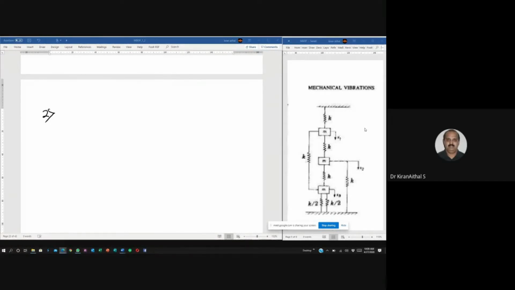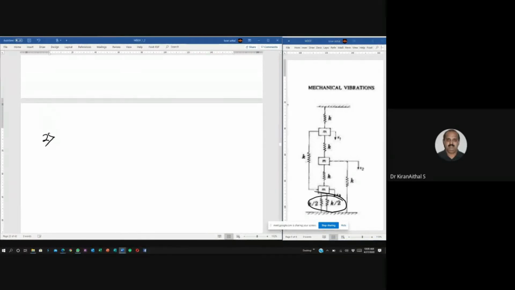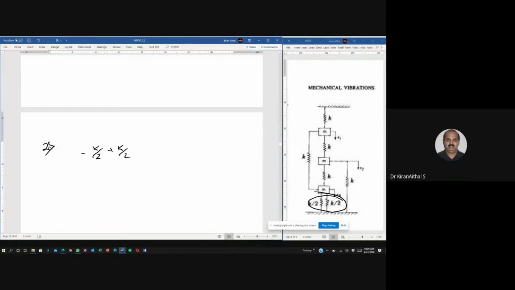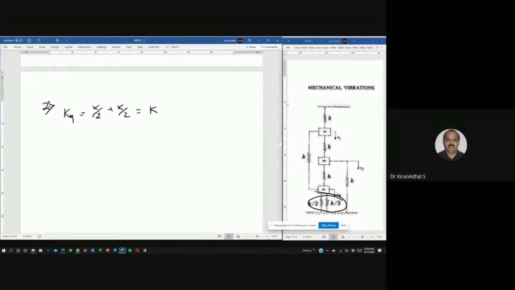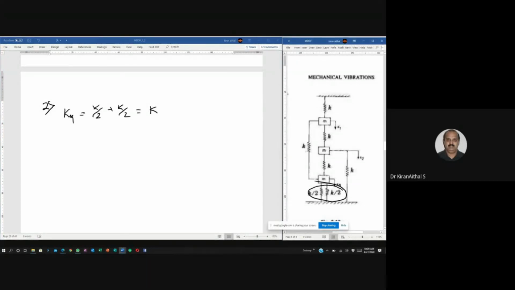This particular part, k by 2 plus k by 2, since they are in parallel, my k equivalent will be equal to k only.